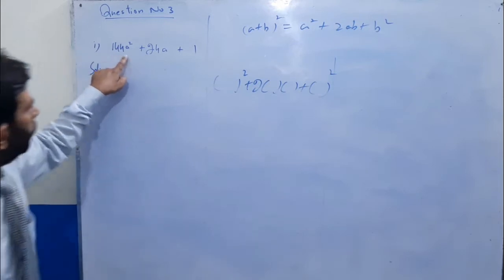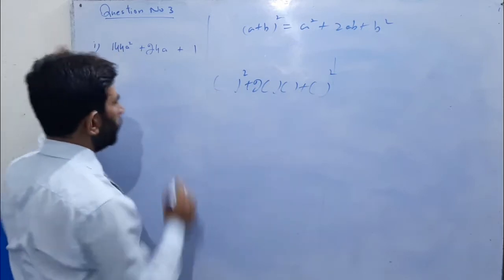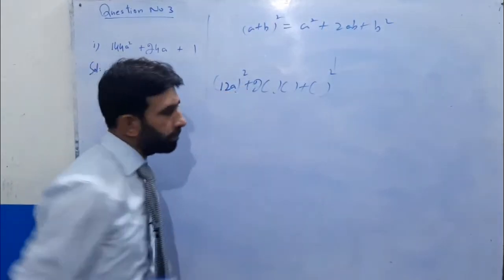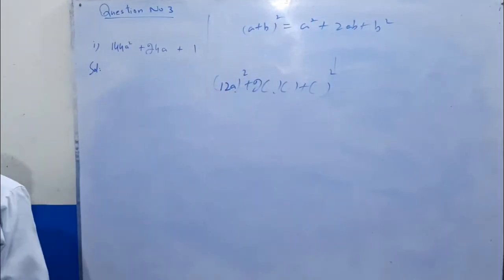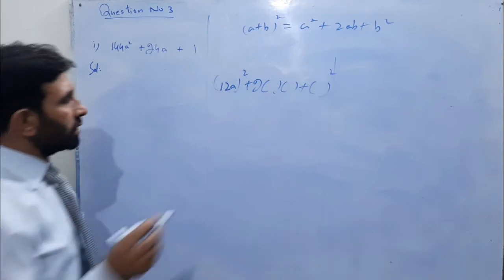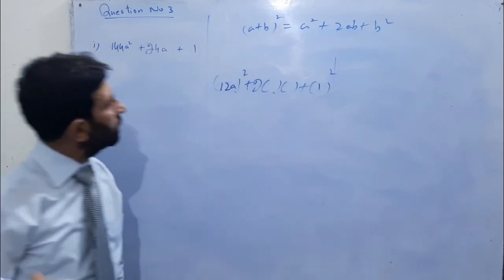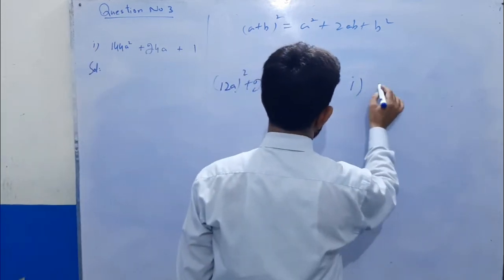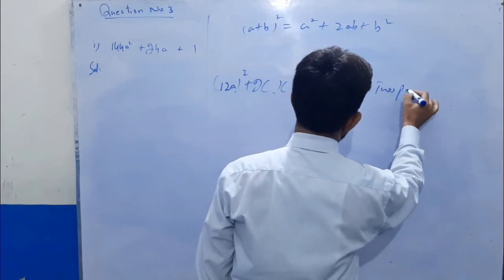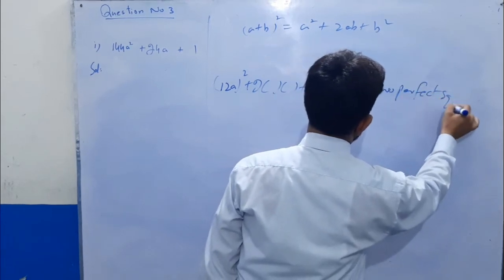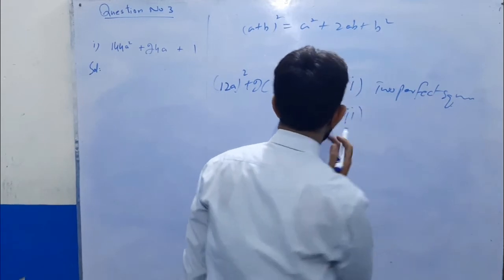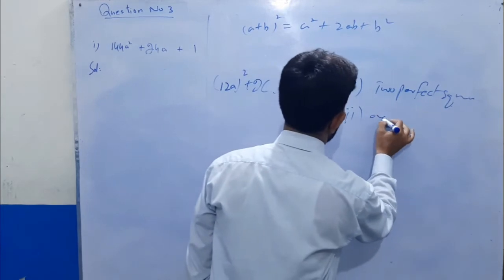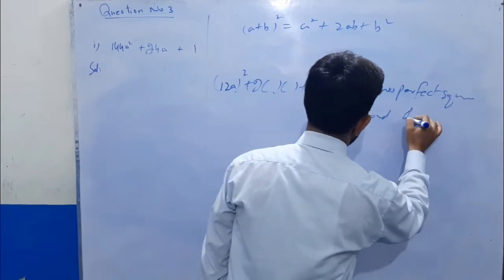Like in this part, 144a square is a perfect square of 12a. So here you write 12a, and the second element 1 is also a perfect square. So here you write 1. 2 perfect squares have been found. What are the conditions to apply the first identity? 2 perfect squares must be given, and double their product.